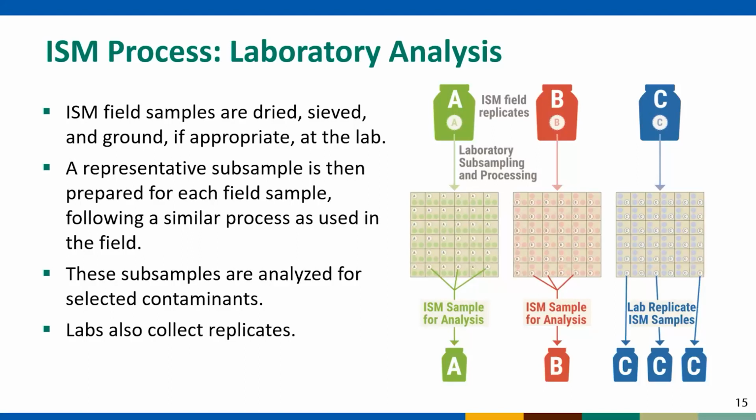For select ISM field samples, the laboratory will also collect replicates during the subsampling process. The image on this slide shows 3 ISM field sample replicate jars for parent field sample A and field sample replicates B and C, with arrows pointing down to the laboratory subsampling grids for each. One of those samples, field sample replicate C, is further processed into multiple lab replicates during the subsampling process.